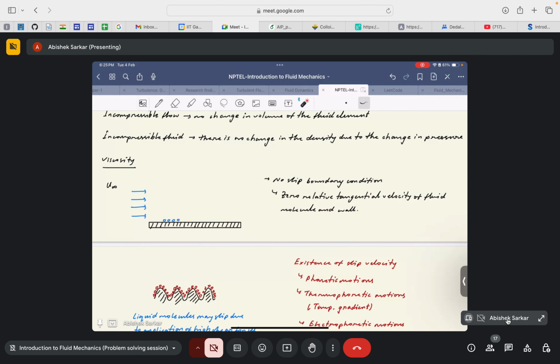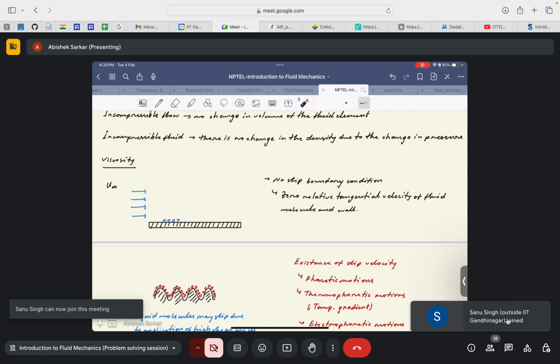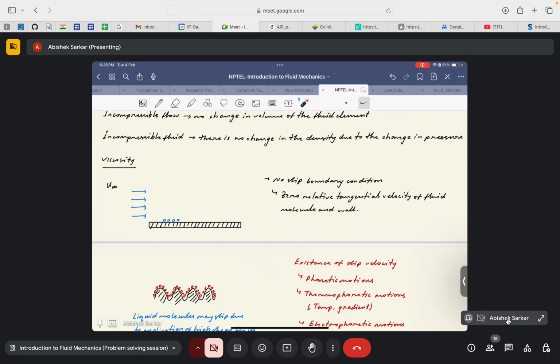For example, if there is a relative motion being undergone through a fluid, then the fluid will impart some kind of resistance to resist that motion, and that resistance is by virtue of its viscosity. Of course there is a formal definition of that, but we will go through it eventually.